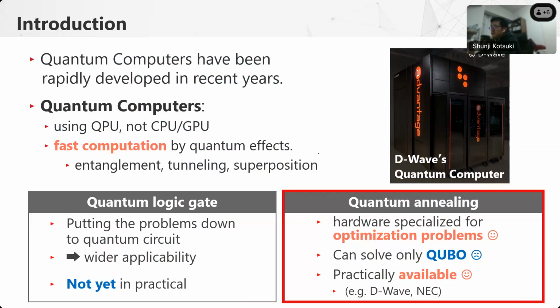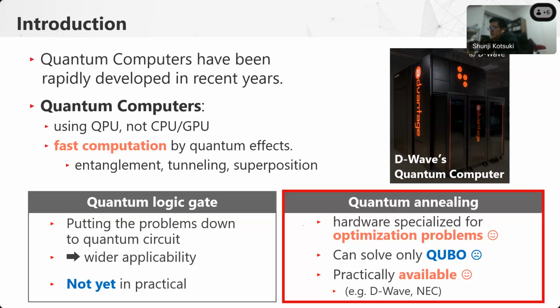Currently, there are two streams of quantum computers. One is the quantum logic gate, which puts the problems down into a quantum circuit. It is considered to be usable for wider applications, but at this moment not yet practical due to NISQ or error correction problems.